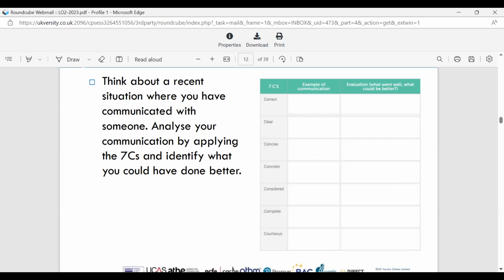And you have to be concrete so that the person will know how serious or how important the information you are giving out is. And consider that you have to consider the age, the disability, how the person processes information, because some people are slow in processing information. So you have to take your time.